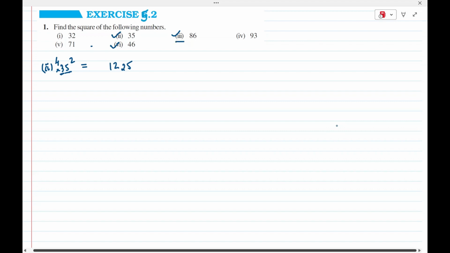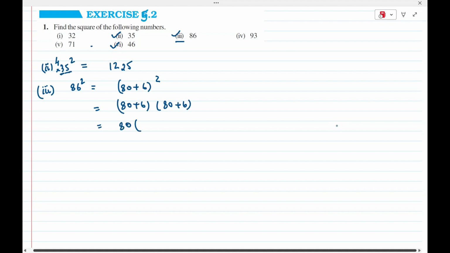The third question says 86 square. How to do? It's simple. Use the distributive property. So it is 80 plus 6 and whole square. Now, what can we do? It is a square, so I can write the same thing twice: 80 plus 6 and then multiply.